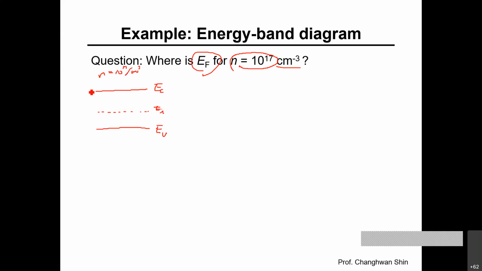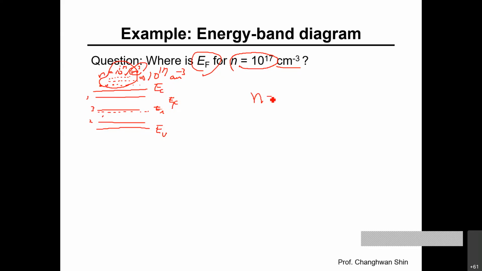Which means there are many free electrons available in the conduction band, right? If I count how many electrons there are per cubic centimeter, it turns out to be 10 to the 17 per cubic centimeter. Then the question is, where is E F? Here, here, or here? 1, 2, 3. Where?